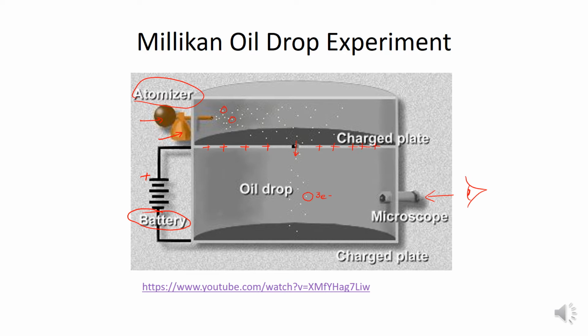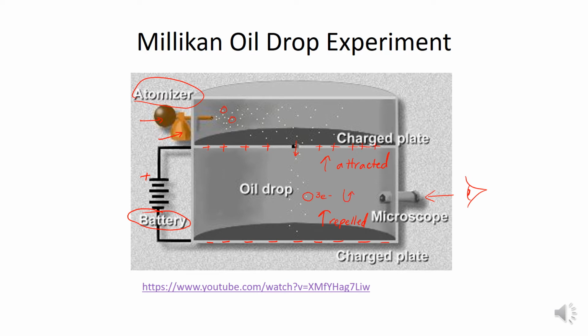This bottom plate here was negative, and it slowed down because it was repelled from the bottom plate, because negative repels negative, and it was attracted to the top plate because negatives are attracted to the positives. And by measuring how much it slowed down, or indeed sometimes if they were very light and had only 1 or 2 electrons, they actually started rising up again.